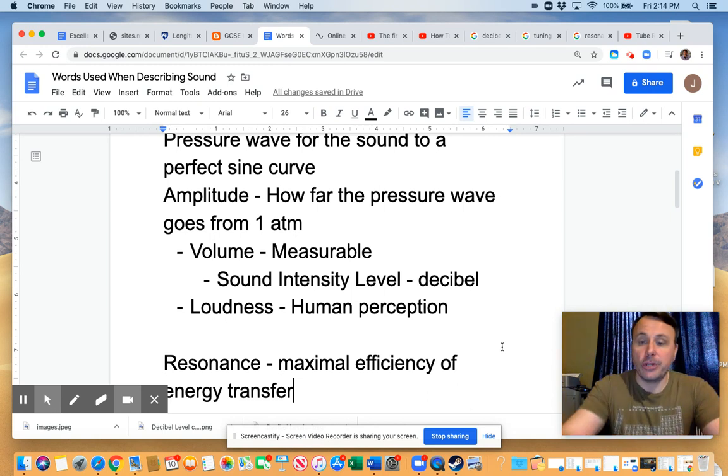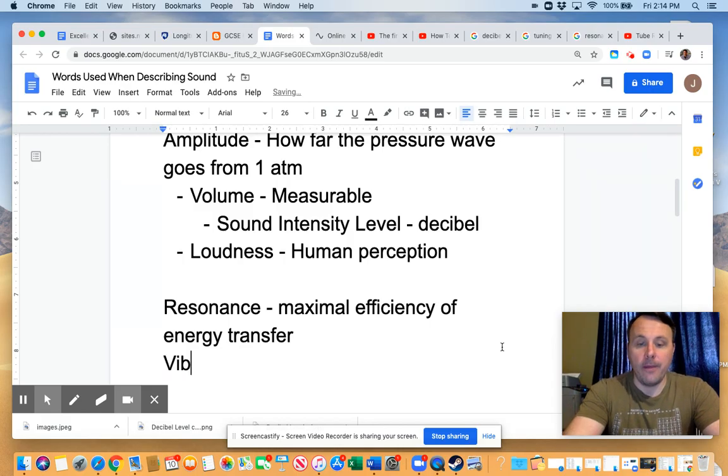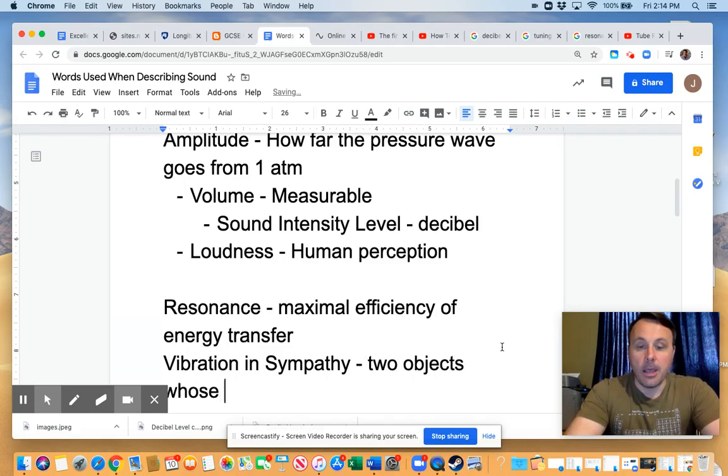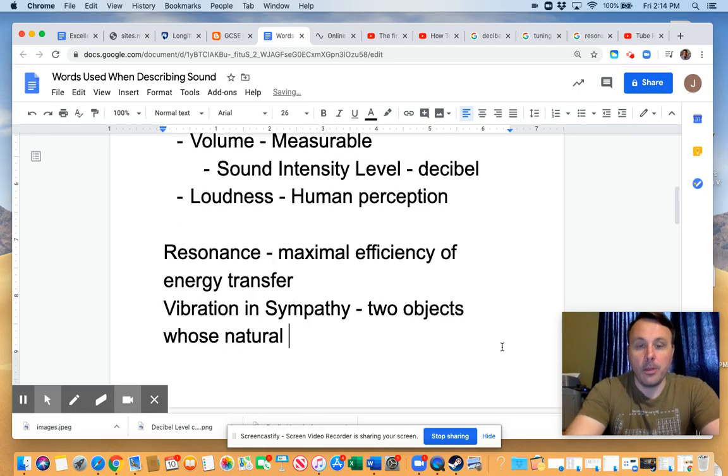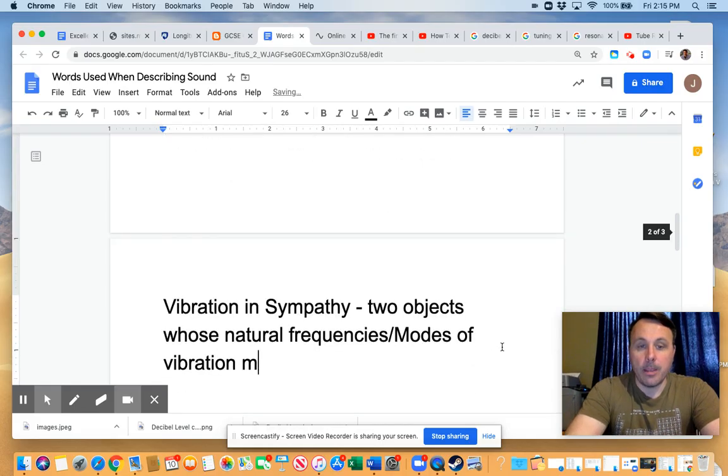And that motion is something that is called vibration in sympathy, right? And this is when you have two objects whose natural frequencies or modes of vibration match.